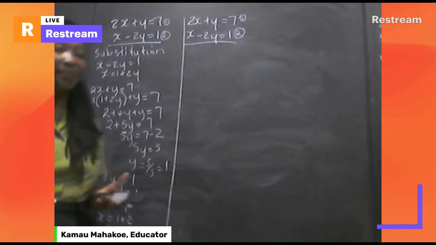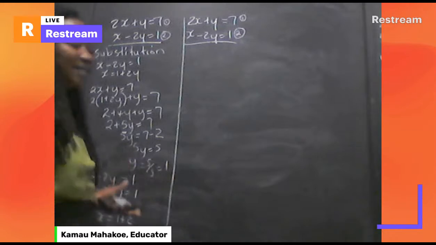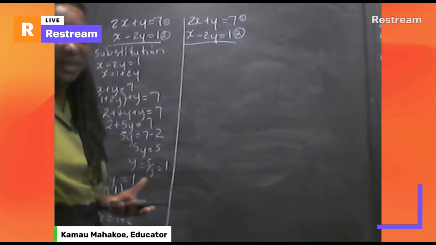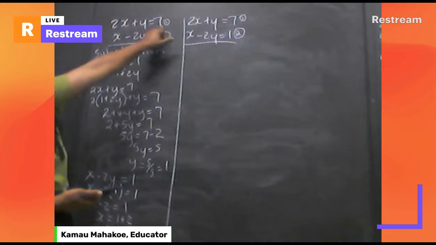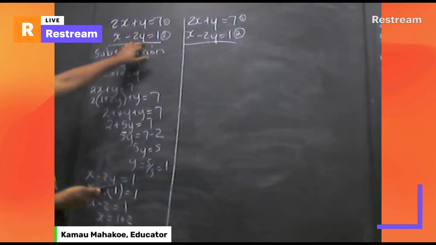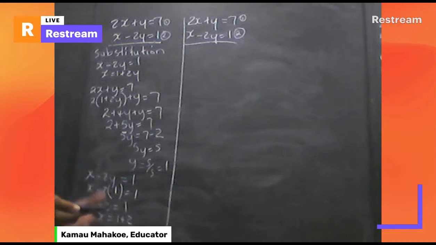So our coordinate pair, x is 3, y is 1. Let us substitute those values in the equations and see if they make sense. If x is 3 and y is 1, 2 times 3 is 6 plus 1 is 7, and negative 2 times 1 is negative 2. So 3 minus 2 is 1. So we know that these values are correct. x is 3, y is 1.